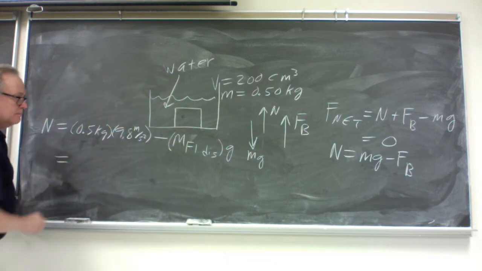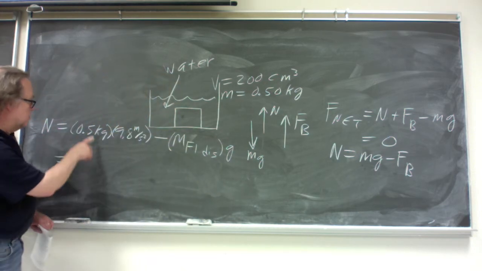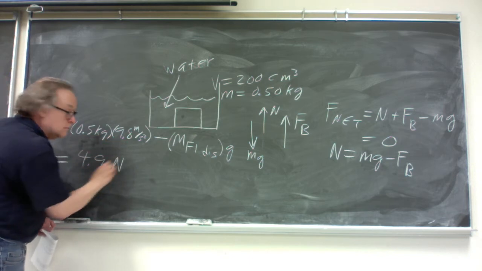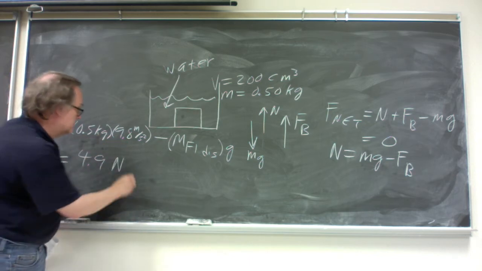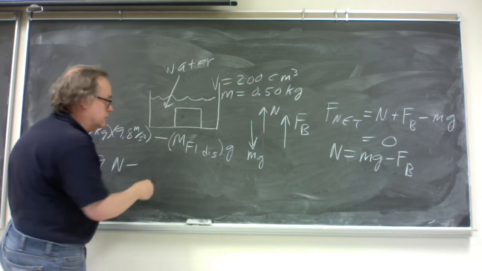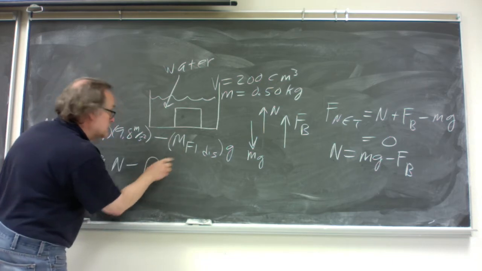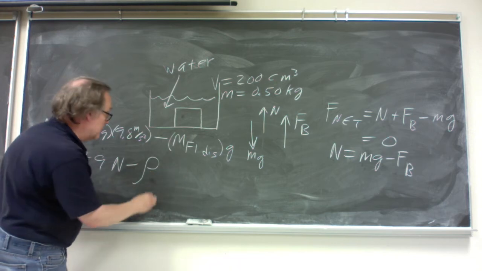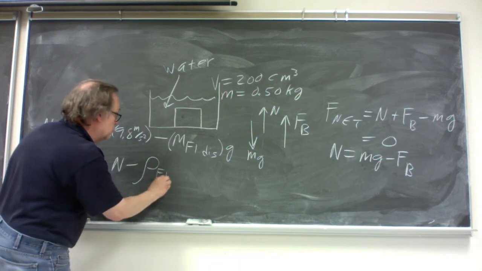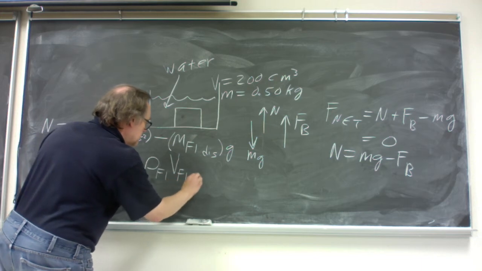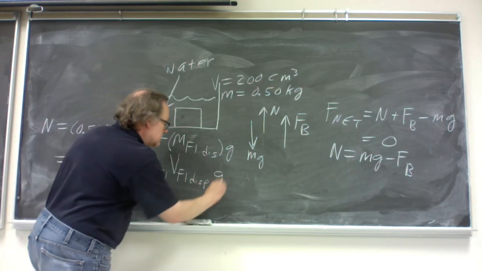So let's take this to the next step. 1/2 times 9.8 is 4.9 newtons of force minus mass of the fluid displaced, water in this case. Mass, let's write it as density times volume. So density of the fluid times volume of the fluid displaced times g.